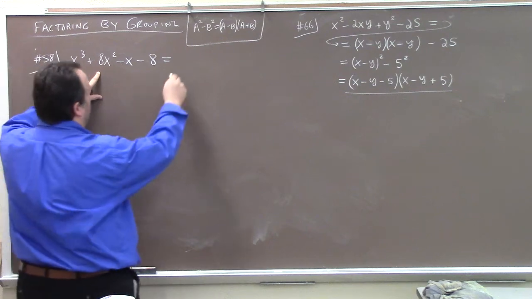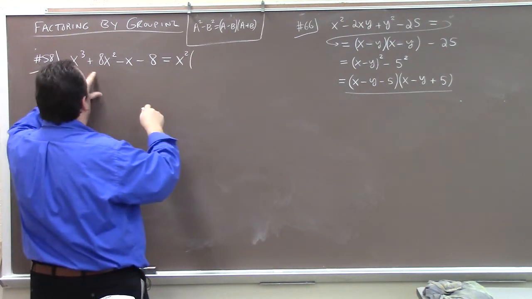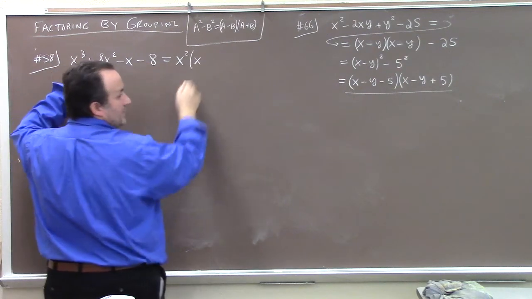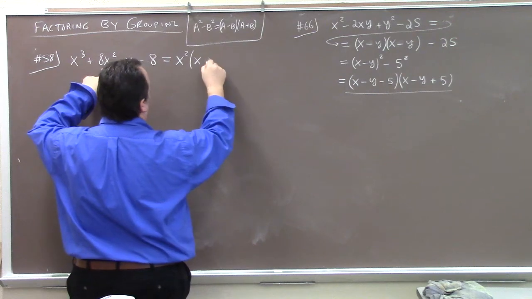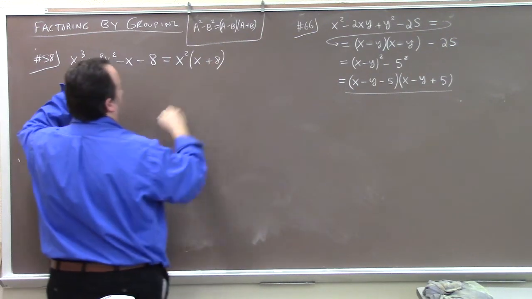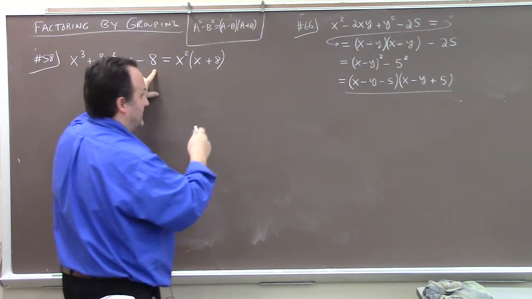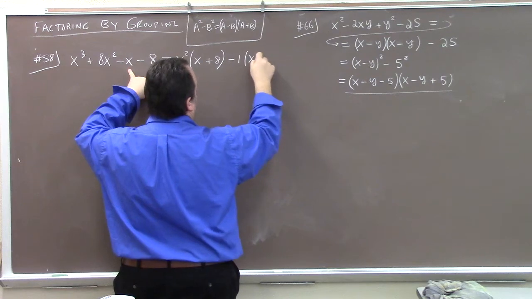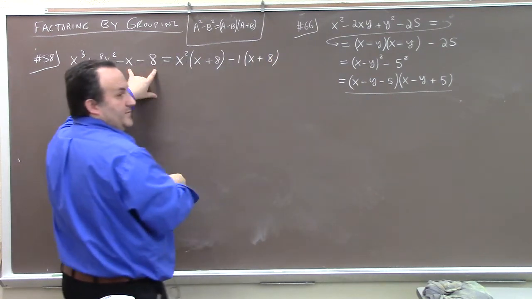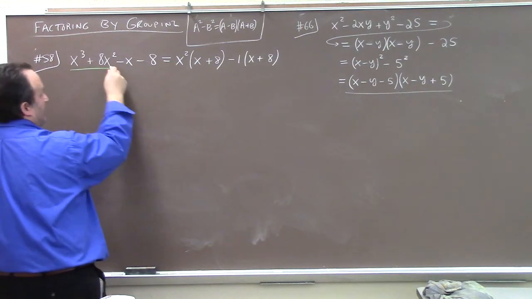What's that give us? We got an x, right? And plus what? Plus 8, right? Ooh, x plus 8. Is there an x plus 8 sitting here? How about this? This is minus 1 times x plus 8, isn't it? See that?